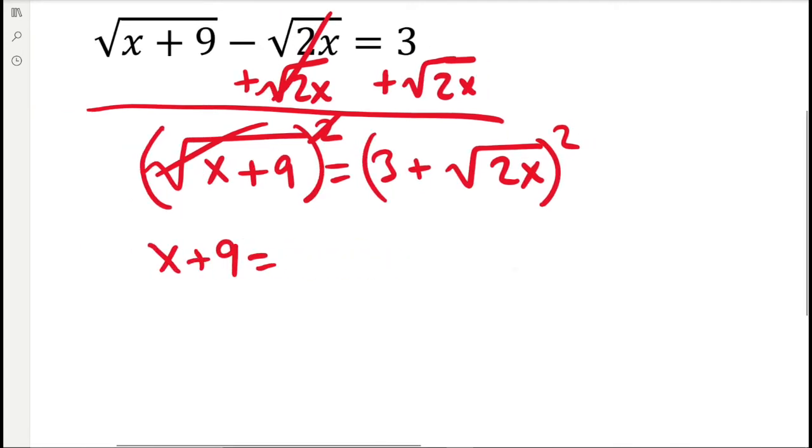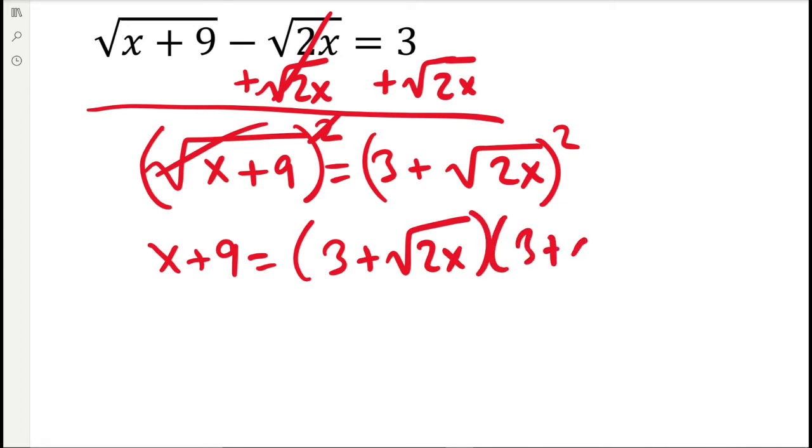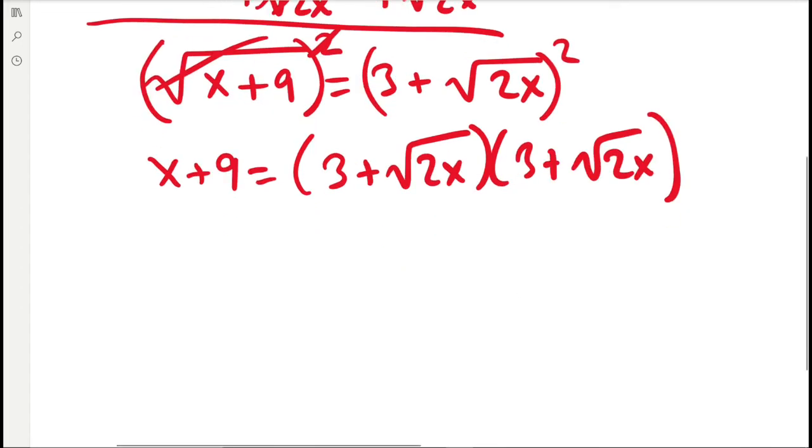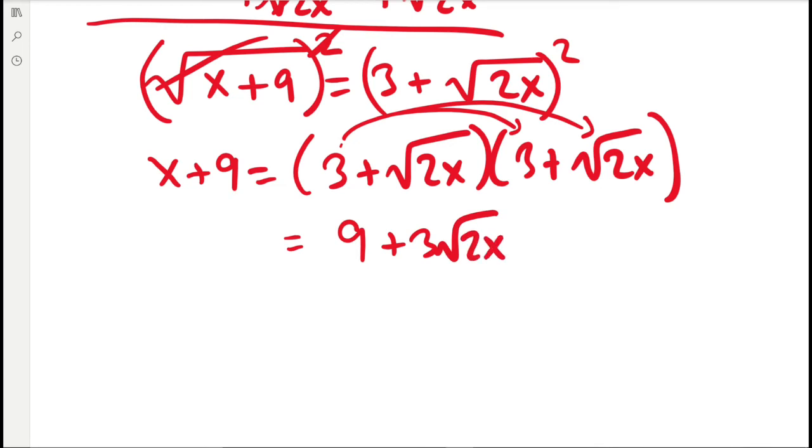Now I'm going to write this as a FOIL because that's what it is. It's two of them, right? So it's this times another one of those. Don't get confused and try to square both of them separately. This is a FOIL. So we're going to do first: 3 times 3 is 9. Outer: 3 times square root of 2x is 3 square root of 2x.